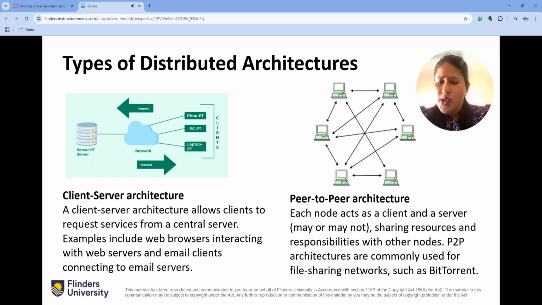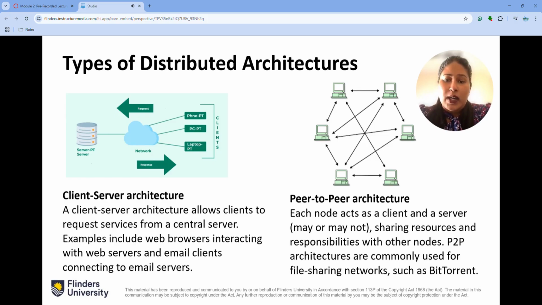In contrast, peer-to-peer architecture involves a decentralized structure where each node, or what we call a peer, in the network can act both as a client and a server. Peers share resources directly with each other without relying on a central server. So this model is commonly seen in file sharing systems where users can both request and provide data.